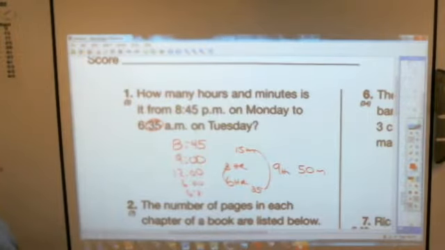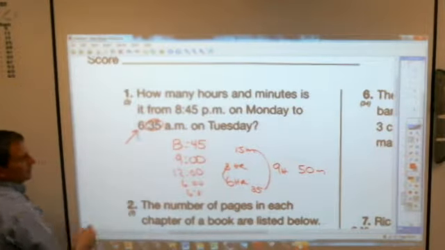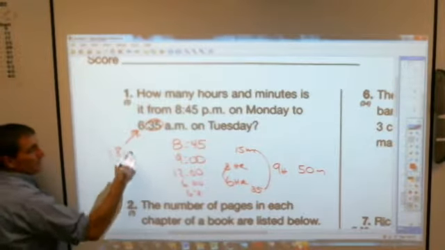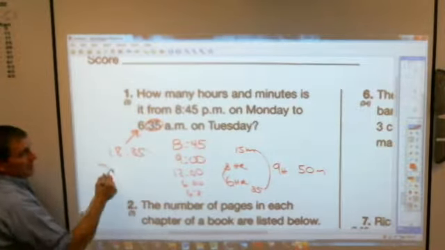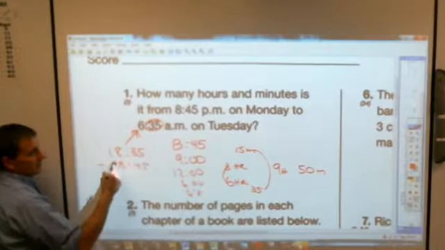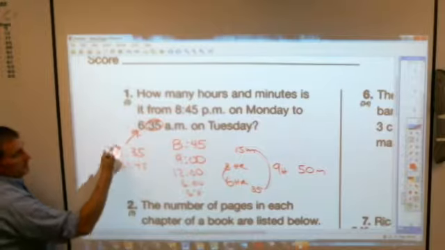I suppose you could do it with the 24-hour clock. You could add 12 hours to that and get 18:35 and subtract 8:45 from it. But then you have to do some borrowing. This becomes a 7.